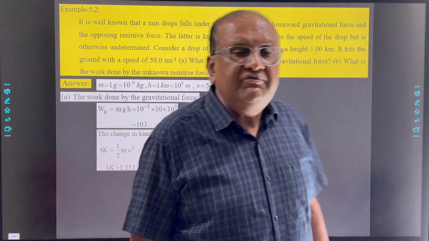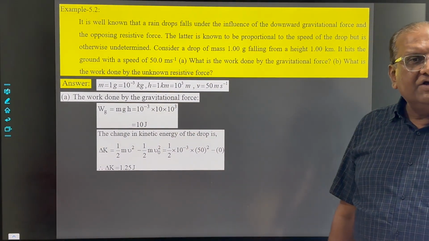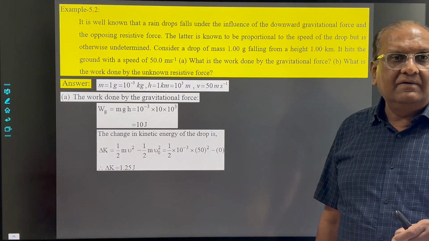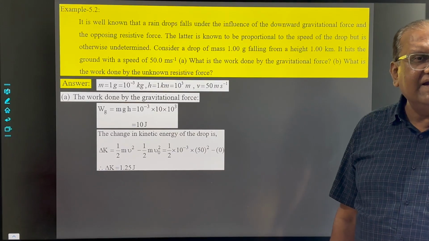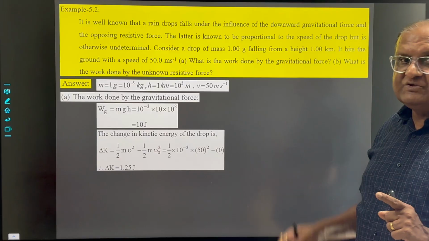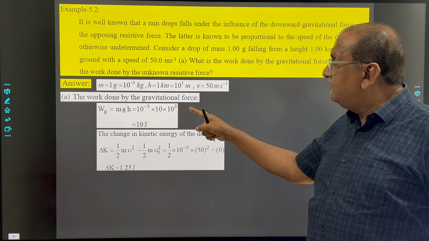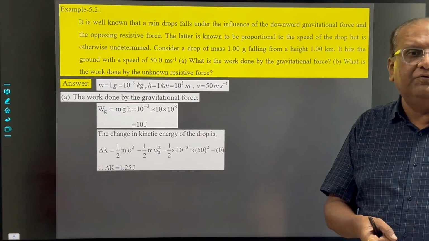Now, in the work energy theorem, we studied this thing. The total work done is equal to change in kinetic energy. Here, total work done is the work done by gravitational force as well as the work done by resistive force.